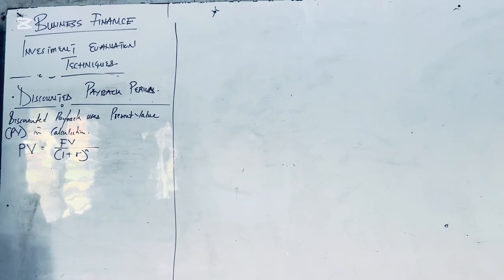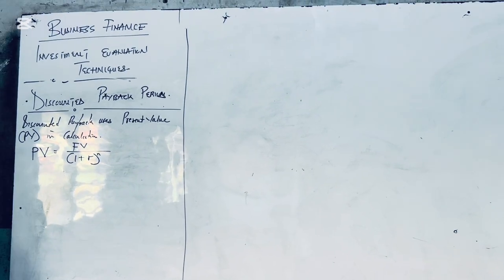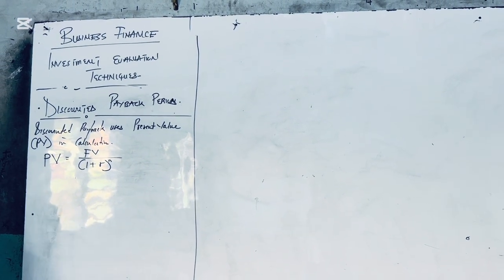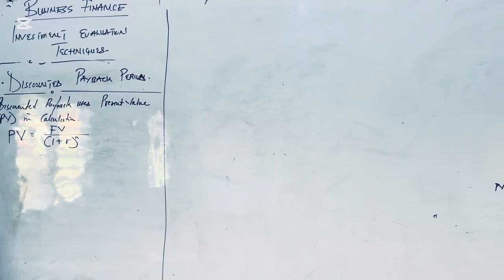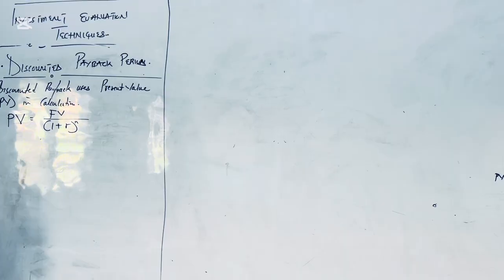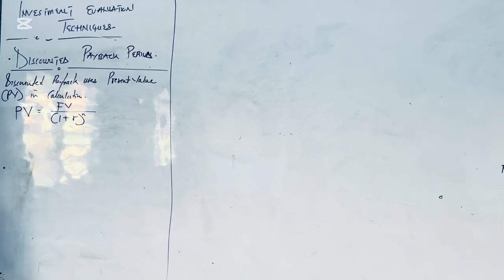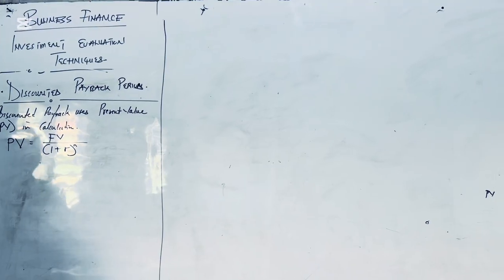That is what we said. It's the same thing we are going to use here. Just that once you see a discounted payback period, we need to formulate another table where we are going to calculate the present value of each cash inflow. So let's consider 1 or 2 examples so that we understand what I'm trying to say here.